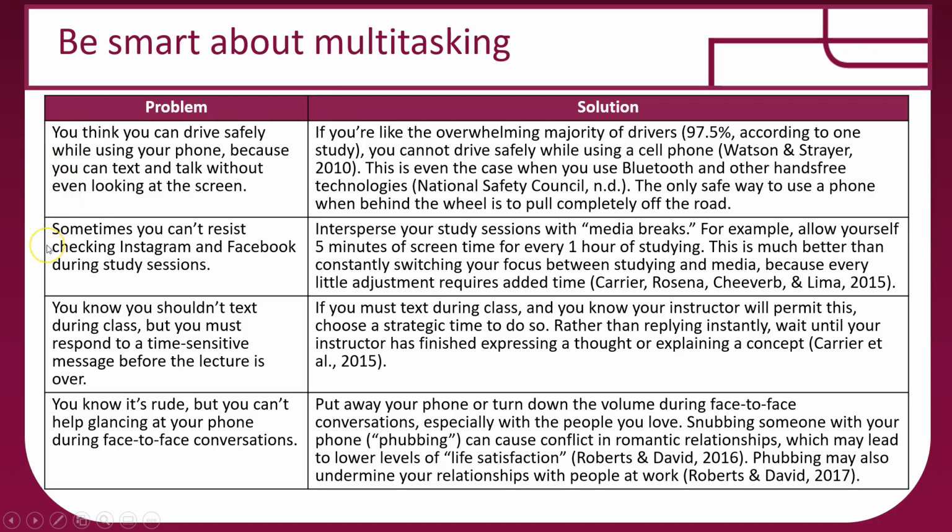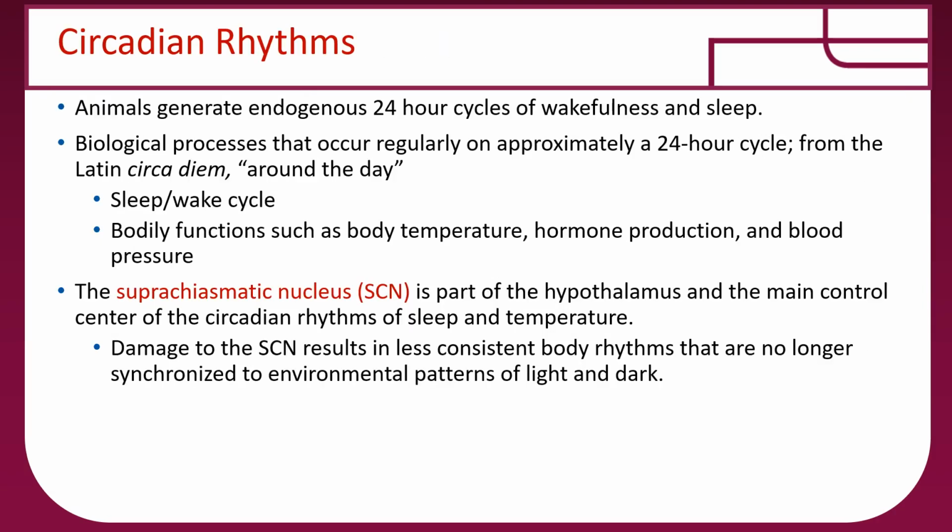Our brains are not terribly good at multitasking, and this gives you some ideas about the best ways to multitask, in terms of, you can read there, checking Instagram and Facebook during study sessions, texting in class, etc. And basically you probably shouldn't do two things at the same time. Be focusing on whatever it is you're supposed to be focusing on, take a break, and then do the second task. But we're not very good at doing two things at the same time.